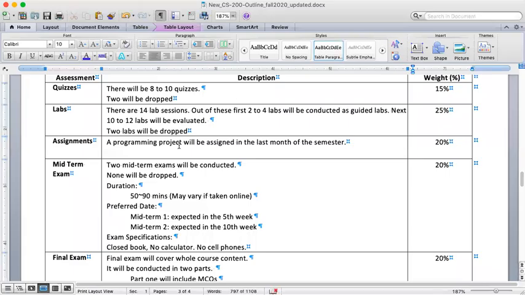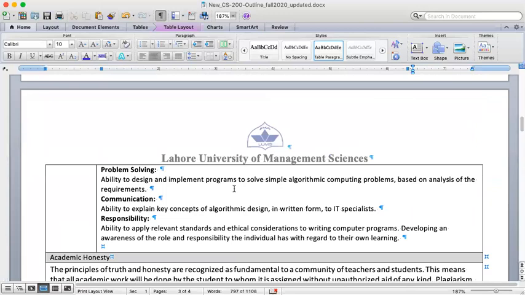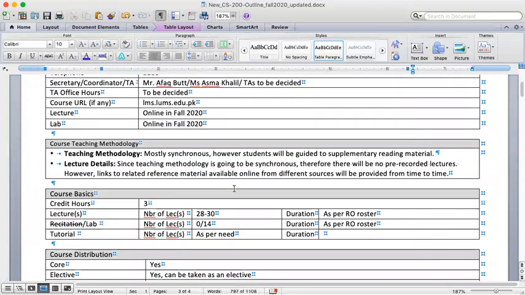I'll straight away go to the outline for the course, and I'll focus on the grading scheme and the contents. I hope you can see the screen here. Okay.